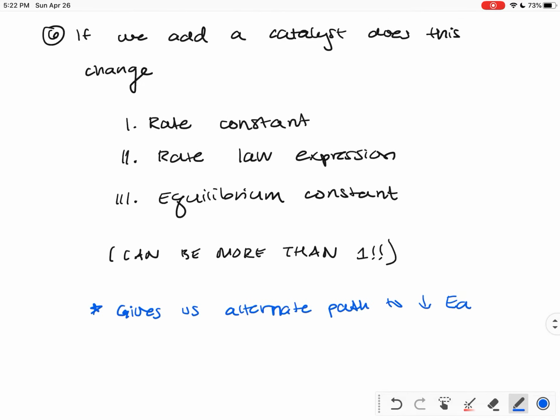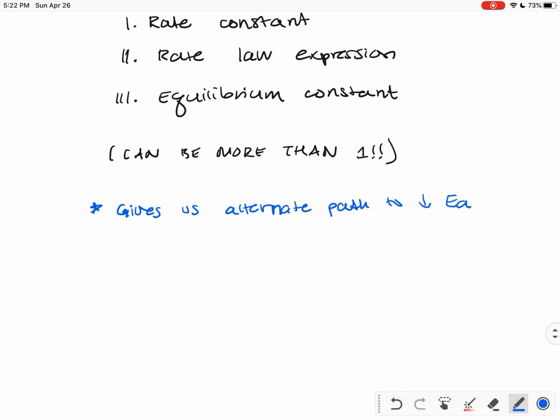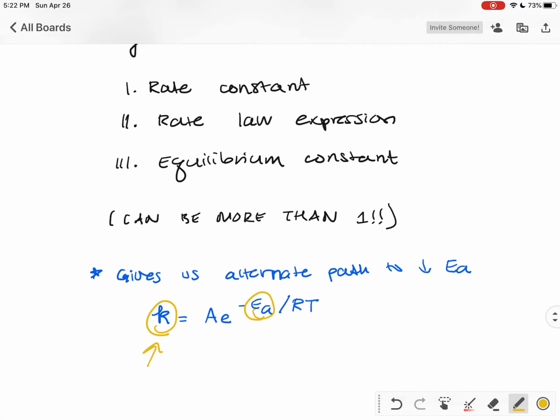And if we remember the Arrhenius equation, it tells us that k equals A e to the negative activation energy divided by RT. So this equation tells us that this rate constant k is related to the activation energy. So this kind of gives us one answer.